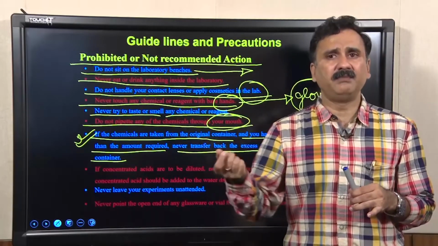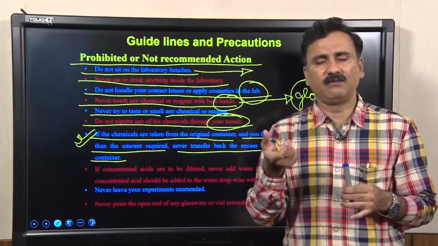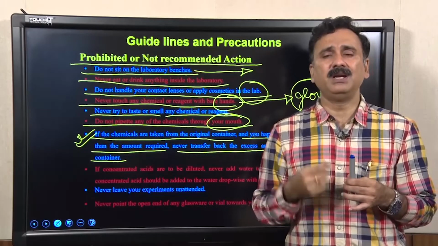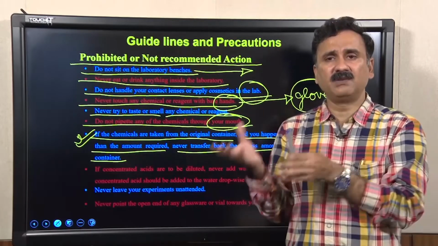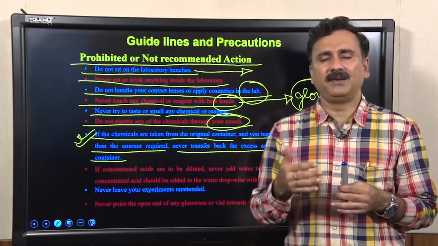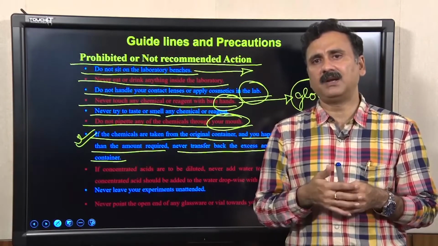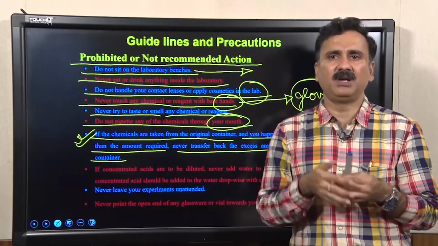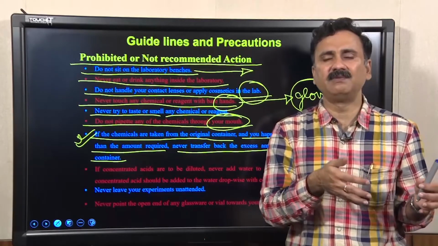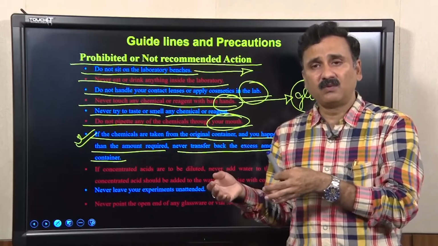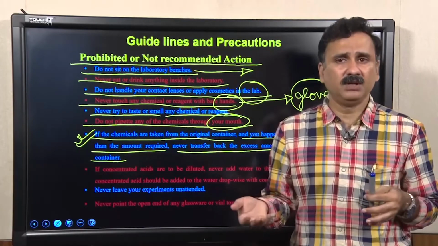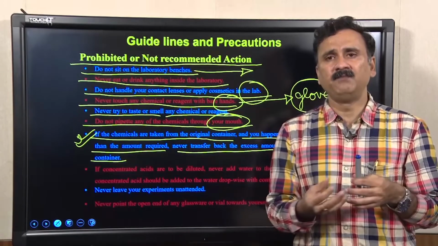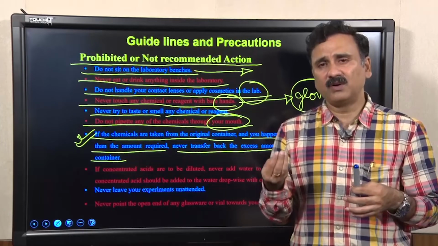When you transfer leftover chemicals back into the original stock, you are contaminating the original stock, because there are many sources through which you may add extra material: your spatula may not be clean enough, the container you are using for weighing may not be very clean, and sometimes these containers also have some chemicals leaching out from them.